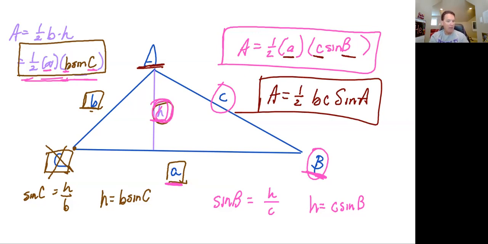So again, if I have A and B, C is included. If I have A and C, then B is included. If I have B and C, then A is included. As long as you have any two sides and the included angle, you can find the area of any triangle without ever having to know what that height is. So now we go back here.